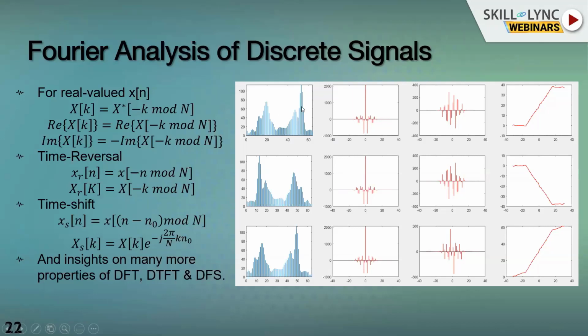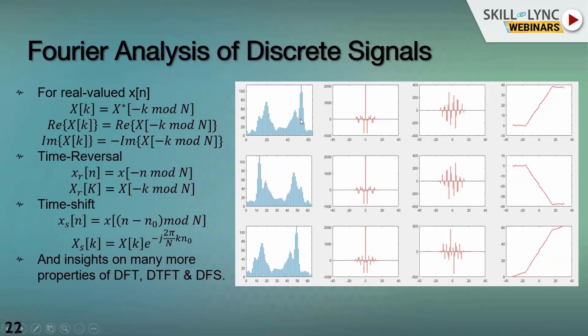When the signal is real valued, the real part of the DFT is symmetric around 0, and the imaginary part of the DFT is anti-symmetric. The phase is shown in this plot.